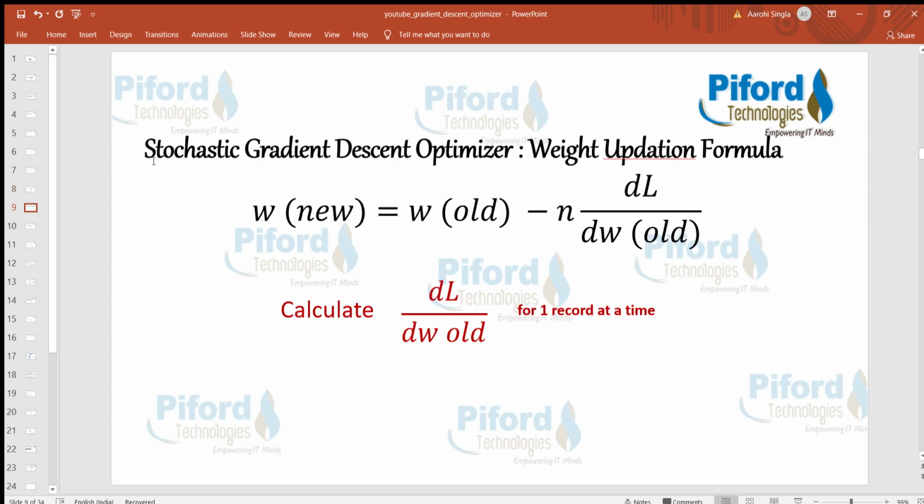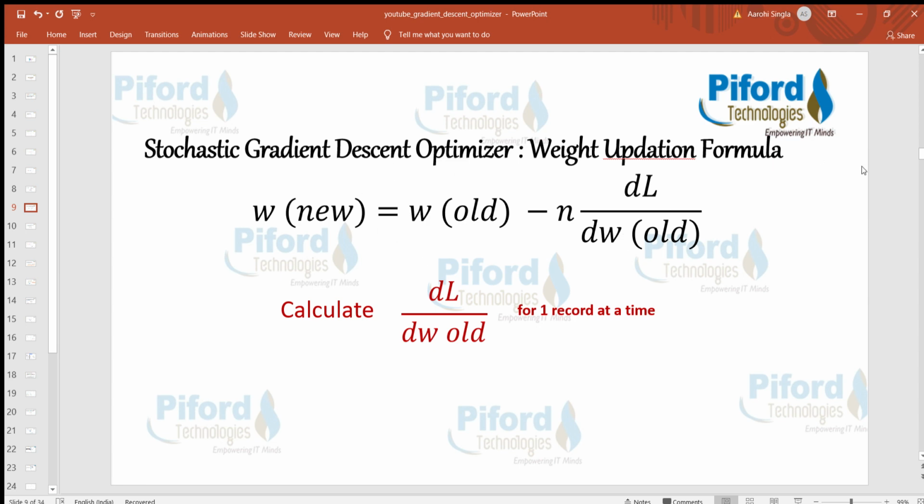Now, what happens in the stochastic gradient descent optimizer? The weight updation formula is the same. Over here, W new is the new weight. How can we calculate the new weight? We need the old weight minus n, the learning rate, times dL by dW.